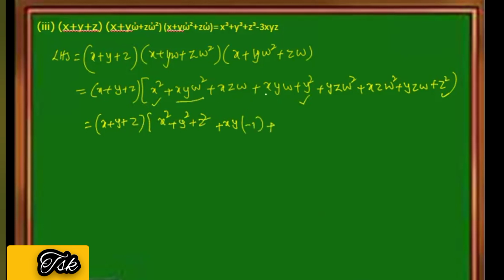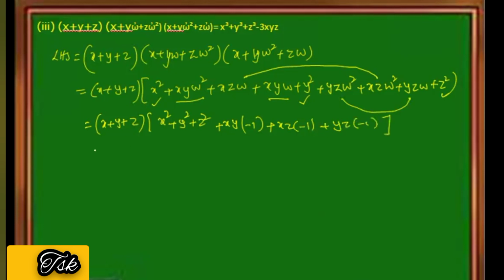Similarly xz, omega plus omega square is again minus 1. And when you take these 2 terms, this becomes yz into minus 1.